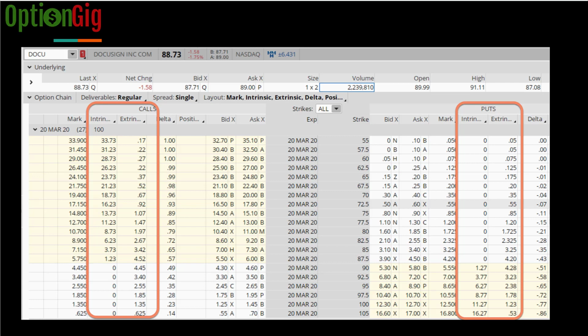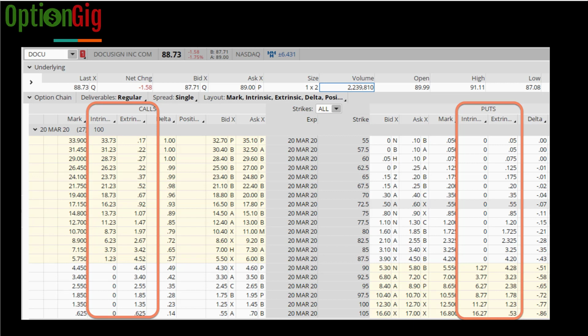Now let's look at the option pricing for the $95 call option. That call option is out of the money, it is OTM. In that case, that option is being traded at $2.55, and intrinsic is 0 and $2.55 is completely extrinsic value.